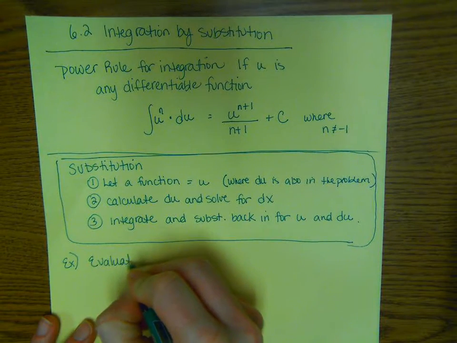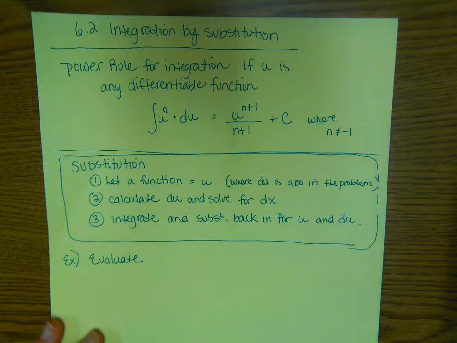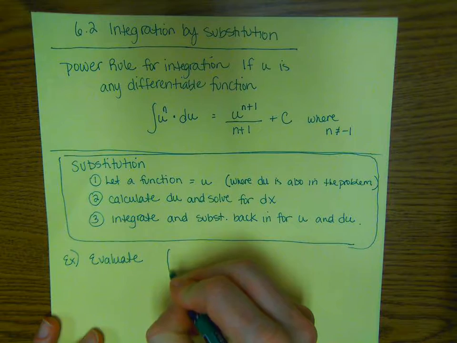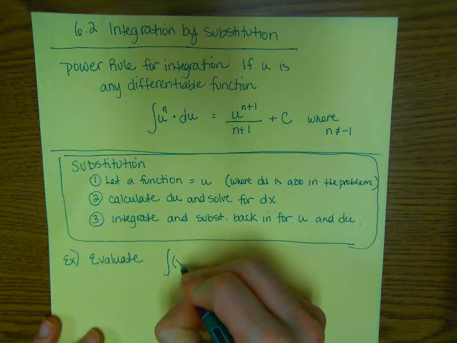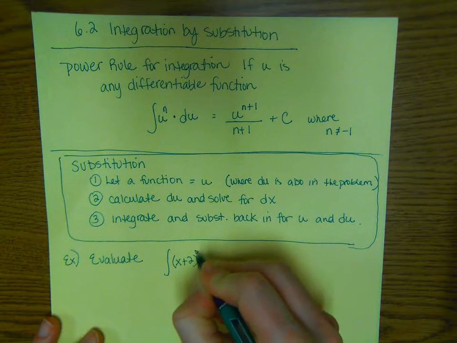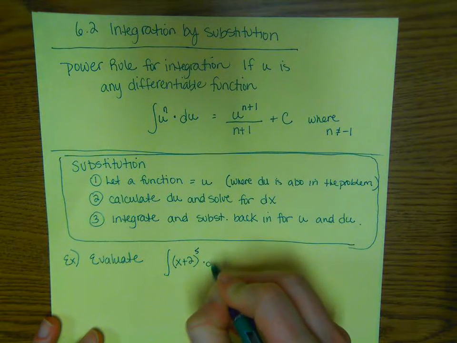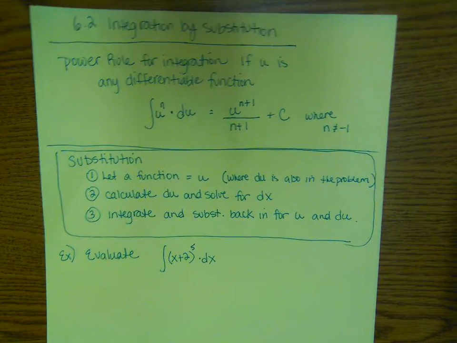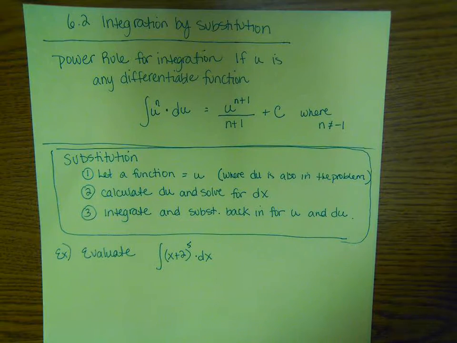We're going to evaluate the integral of (x plus 2) to the 5th dx. Okay. So off to the side here, what I'm going to do is let u equal the function in here.